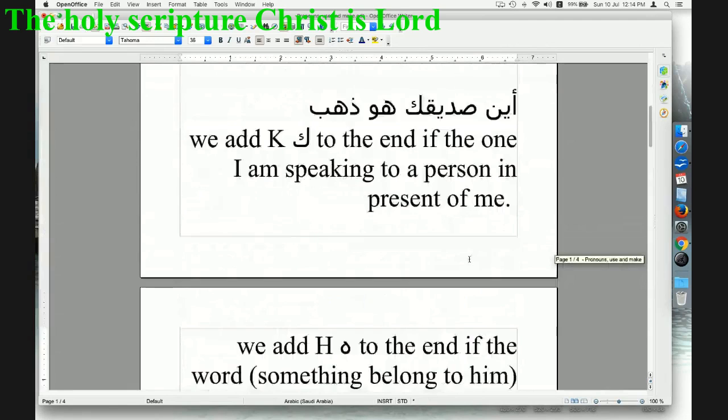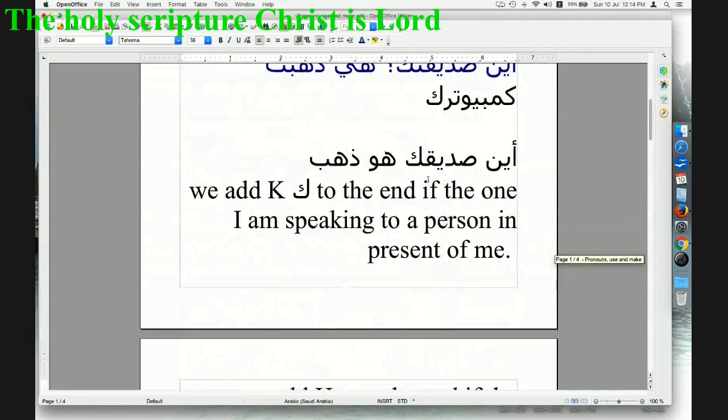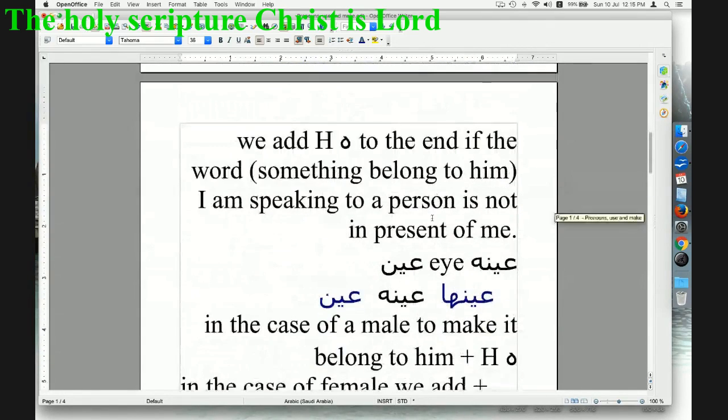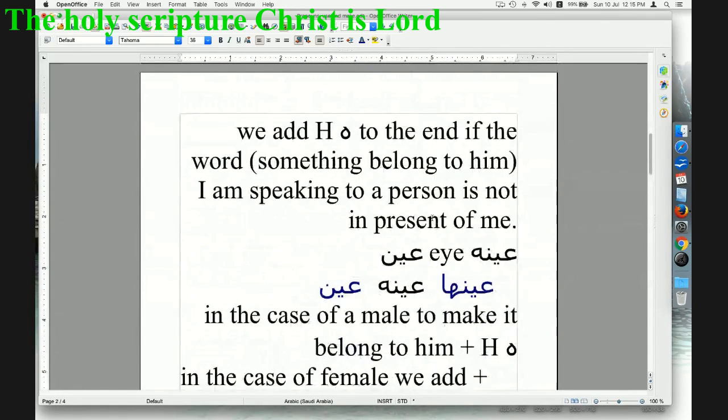In the case of ka, when we add it, it presents something belonging to you. And in the case of ha, it's the same. But the difference is, I'm talking about you as he, which means you are not in front of me. So let us say I'm speaking to a friend about you, but you are not with us. Then I have to use the ha.